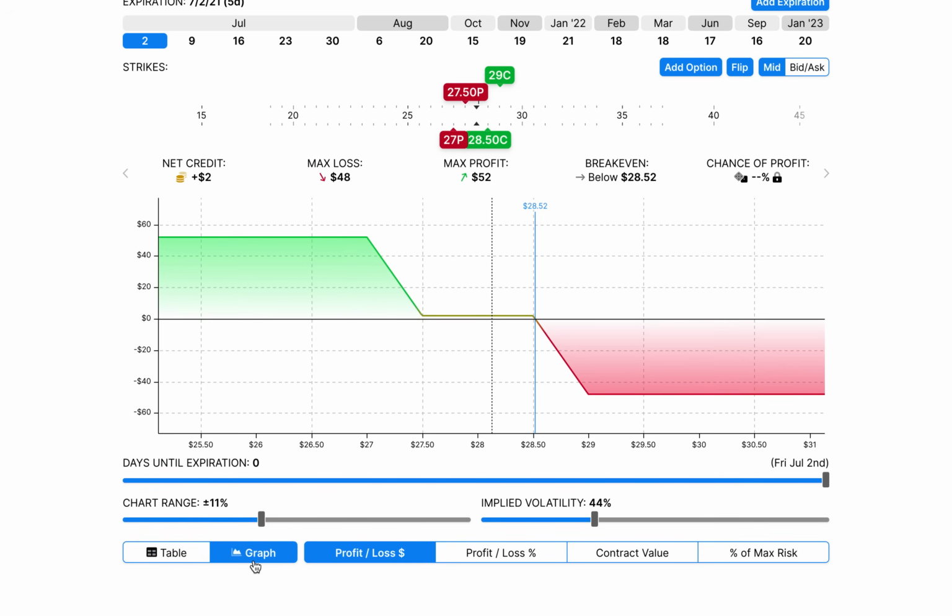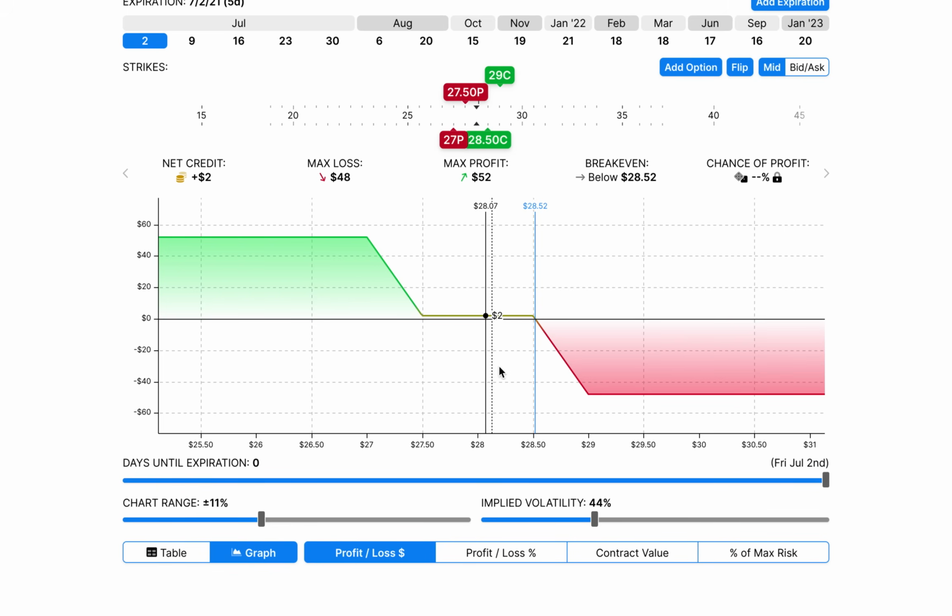Let me actually switch this to graph because it's probably easier to look at it here. So this is what it looks like on the expiration date. So again, ideally, we want it to be at $27, as you can see here, or under, to make our max profit of $52. Now, if it's at $27.50, which is the strike of the put we bought, or all the way to 27, that's where we're in the range of $2 to $52.